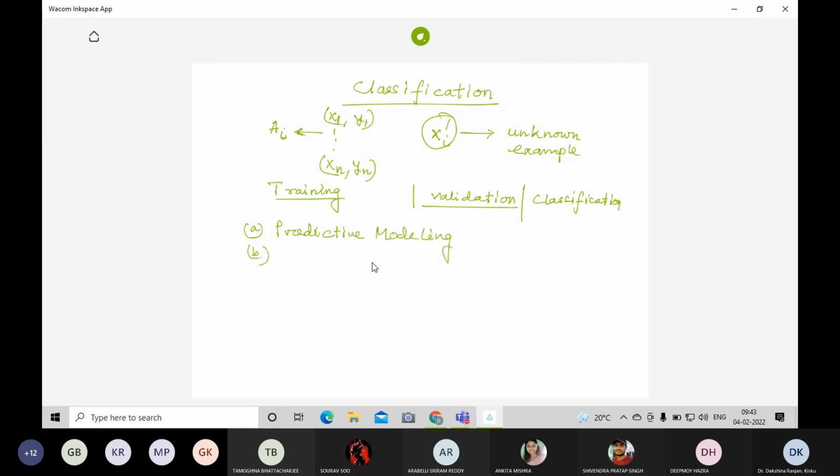Then we can have binary classification. Then we can have multi-class classification.